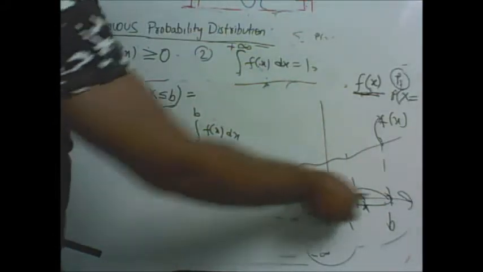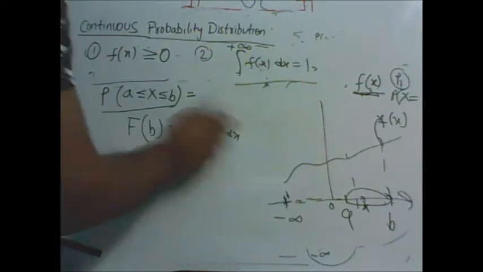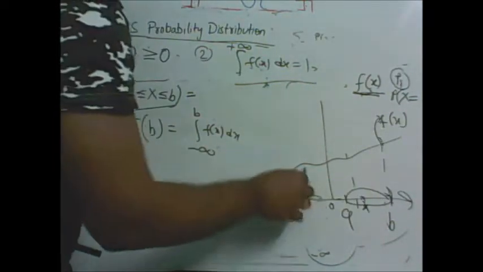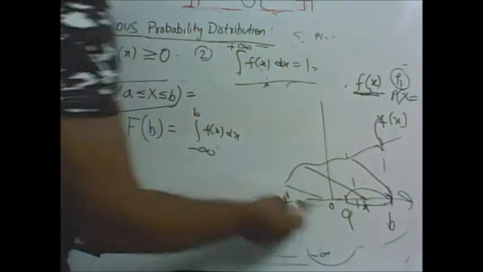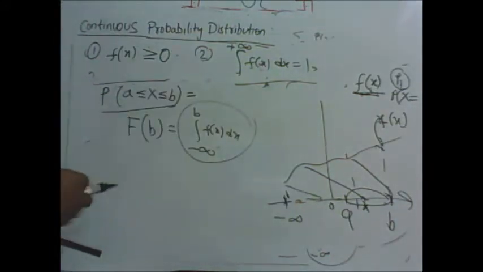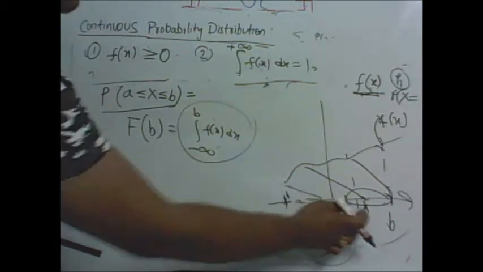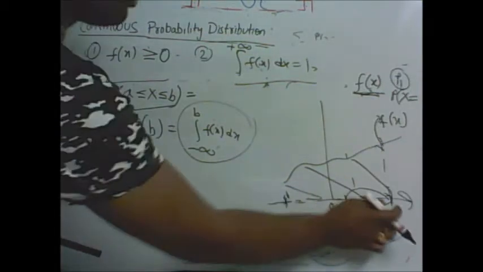So this total area is the cumulative probability of x taking values from minus infinity to b.